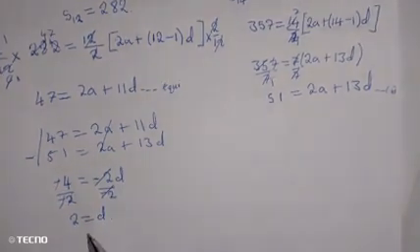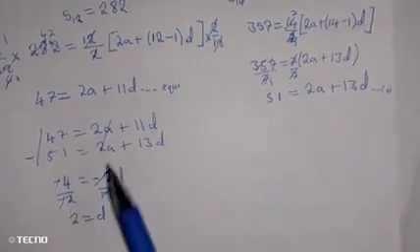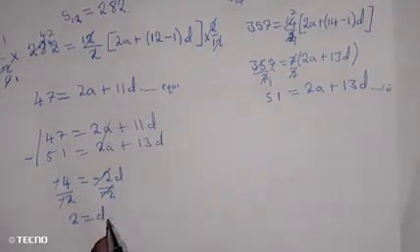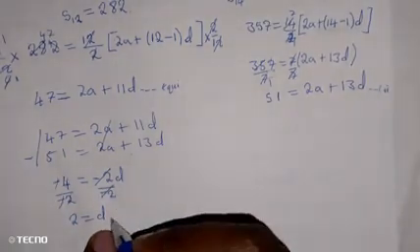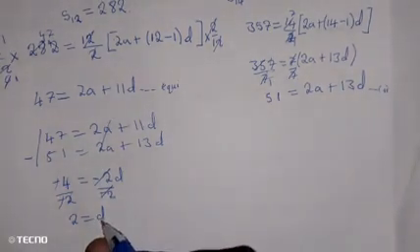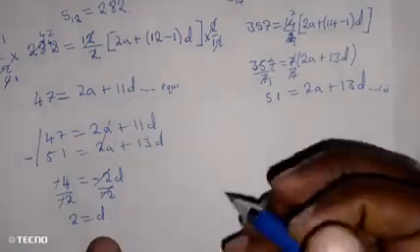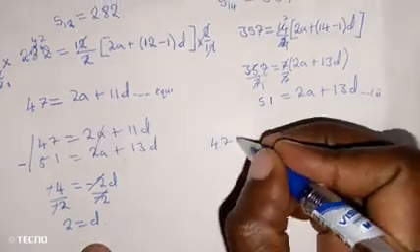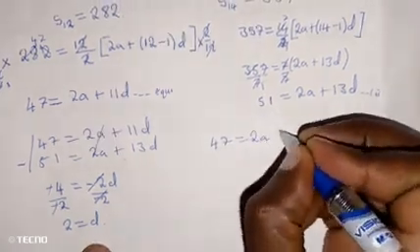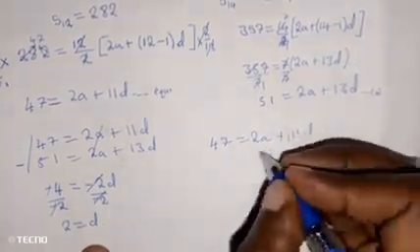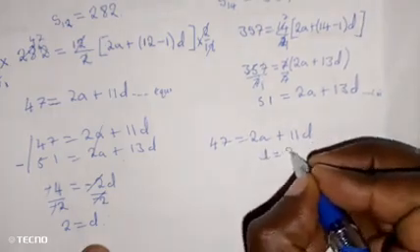Having d equal to 2, we can pick either equation to find the value of a, which is the first term. We have the common difference, so we pick this one: 47 is equal to 2a plus 11d, and d is equal to 2.